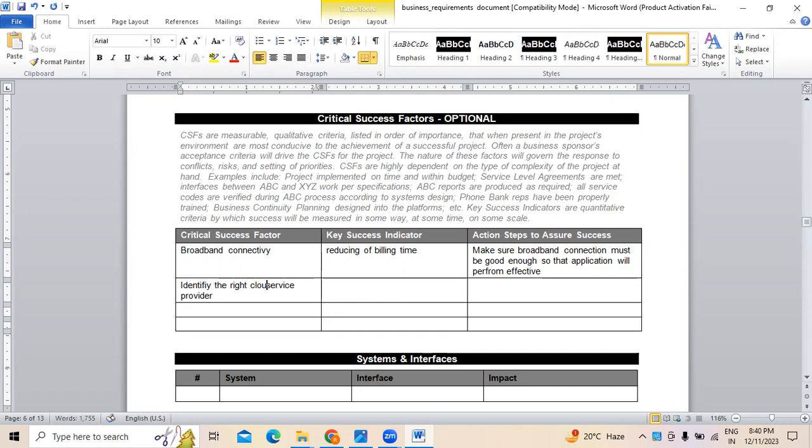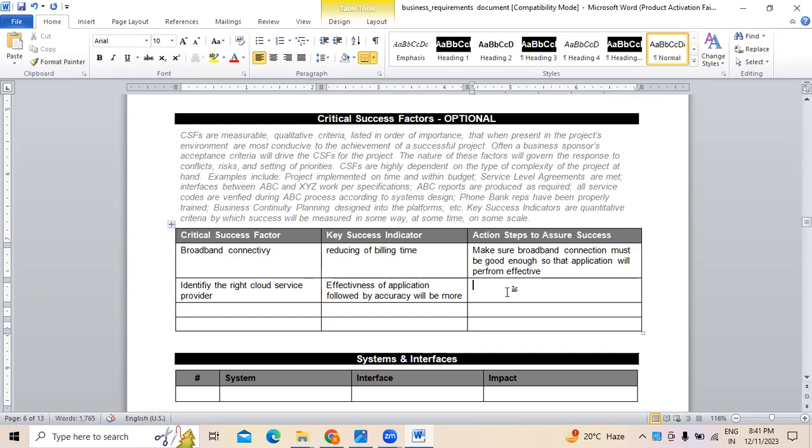For example, the key success indicator is that the effectiveness of the application followed by the accuracy will be more. Okay, this is generally what key success indicators are.